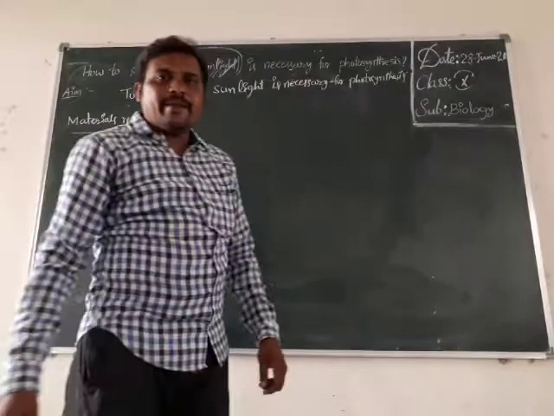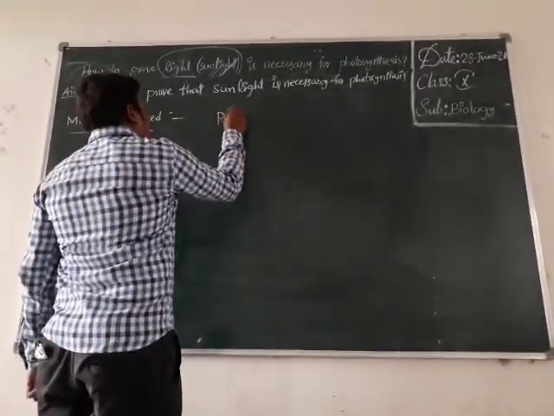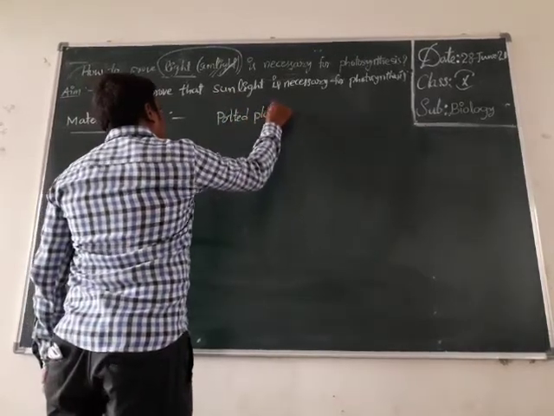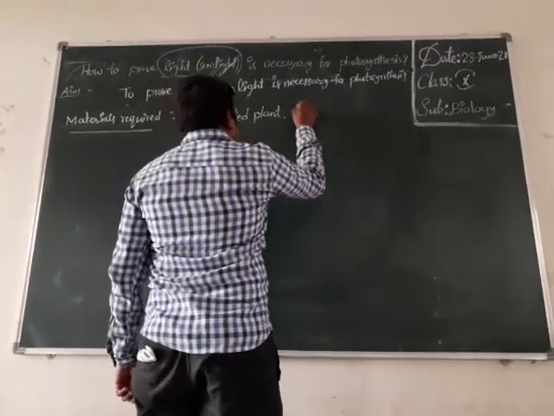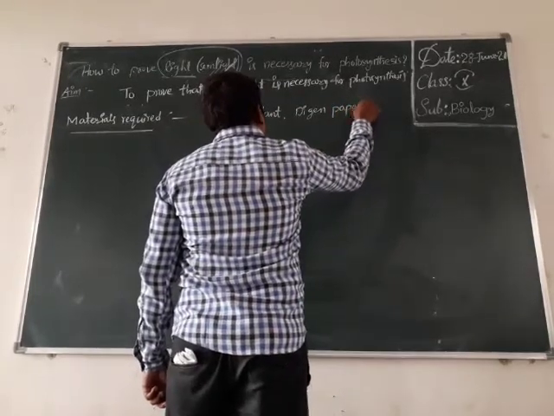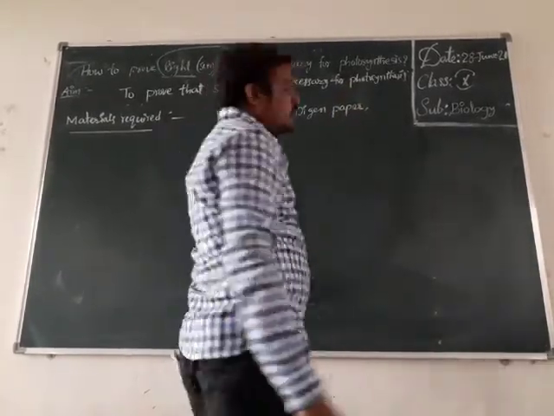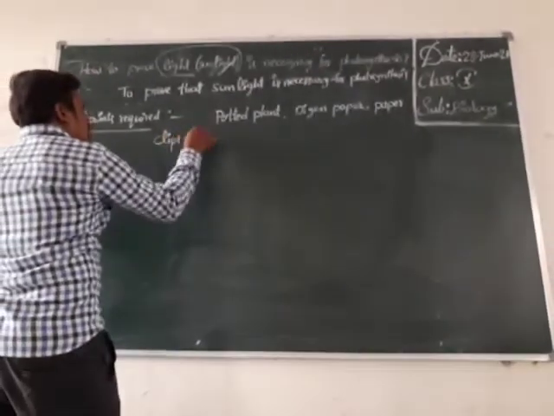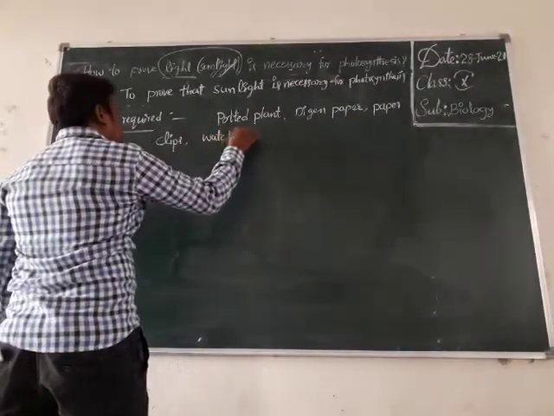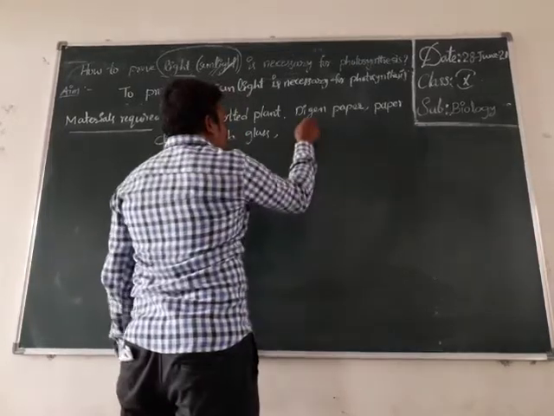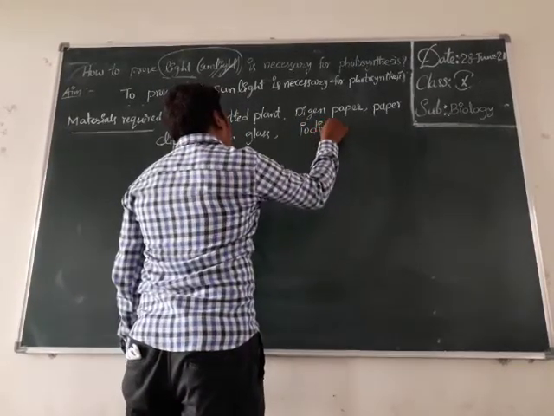First of all, a potted plant, and black design paper, and paper clips, a watch glass or petri dish, and iodine or betadine.